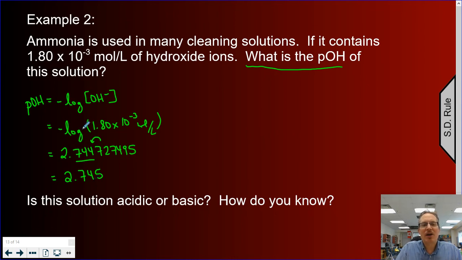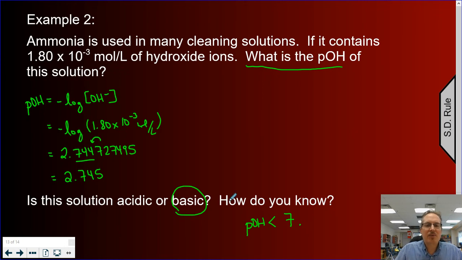However, since they want to know pOH, remember pOH and pH are exact opposites of one another. So if the pH of 2.7 is acidic, then the pOH of 2.7 is going to be basic. How do I know? I know because the pOH value is less than 7.